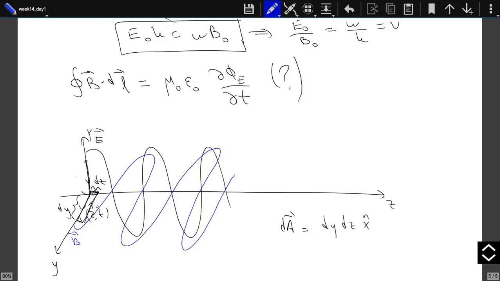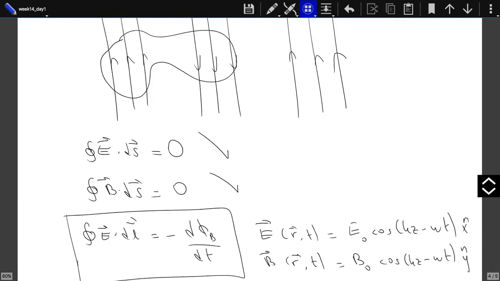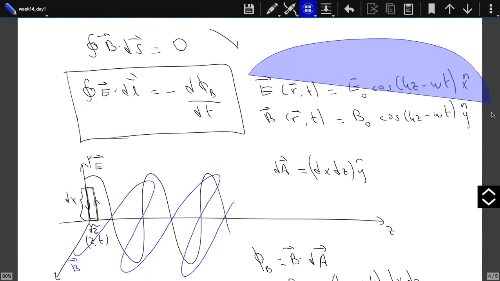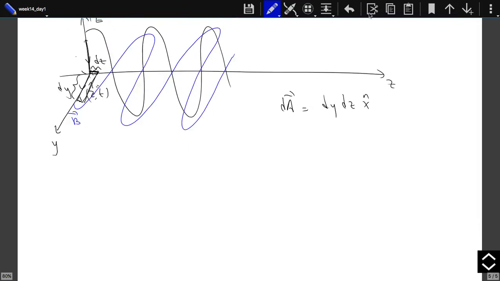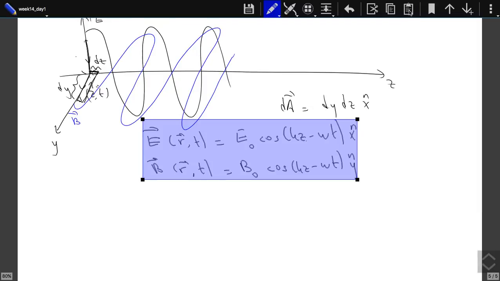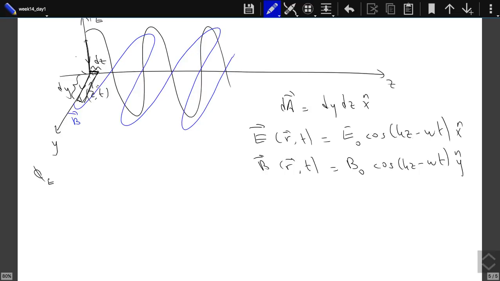Now the electric field, this was our electric field. Let me just copy both the electric and magnetic fields. So the electric flux is just E dot dA. This is equal to E0 cosine(kz minus omega t) times dy dz.